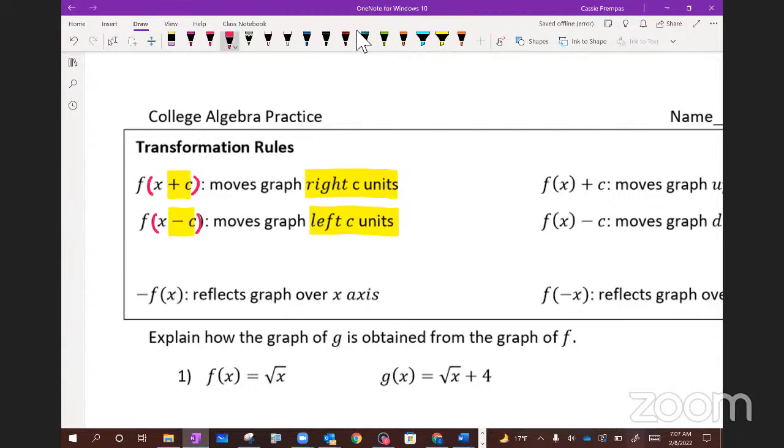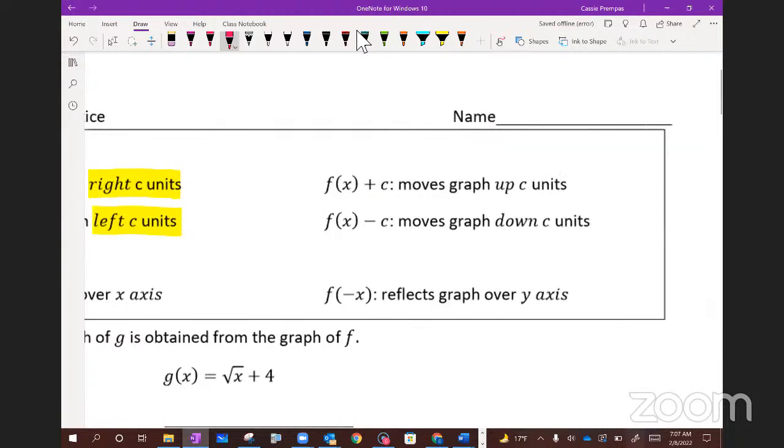We read left to right. So when you see a plus value, typically you think, oh, that would mean move to the right. But no, it's opposite day, parentheses, so you go to the left. Versus if the number's added outside the function, it's going to do exactly what your mind would think. Move up C units. If I subtract a value, we're going to go down C units.